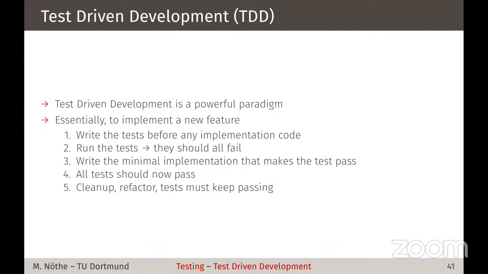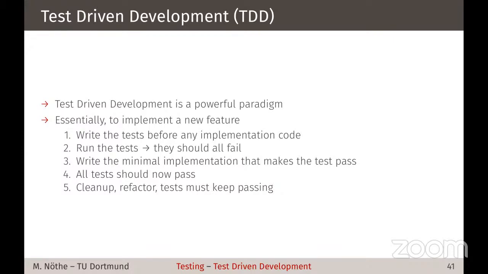So if you take anything away for test-driven development, it means writing the test first. In more detail, it means you write the tests before you write any implementation code, and then you run the tests. And because you didn't write any code that actually tries to do what you are testing, they should all fail. And then you start writing the actual implementation with the minimal implementation necessary to make the tests pass.